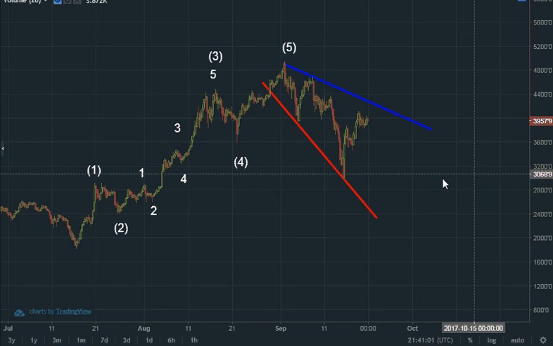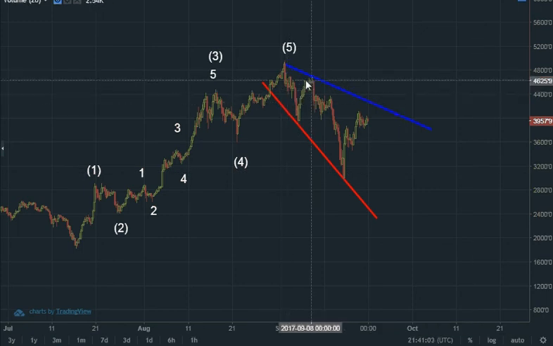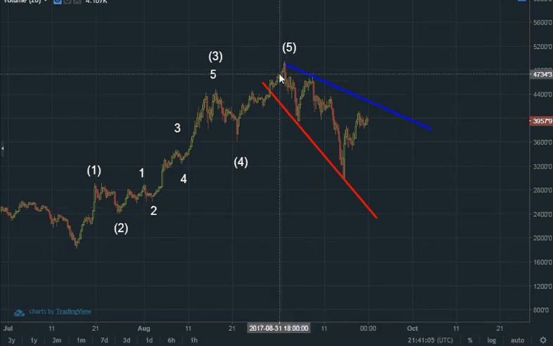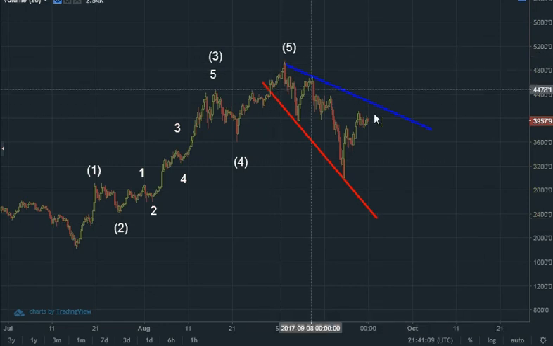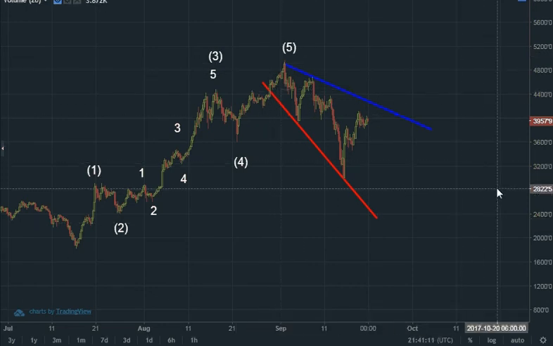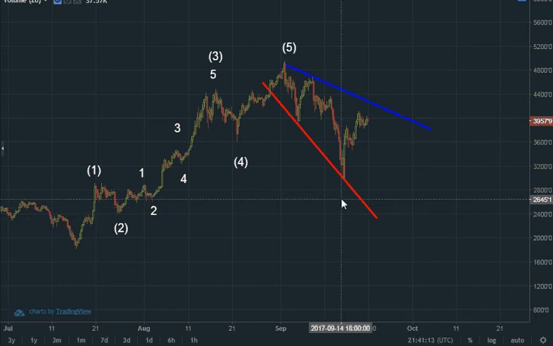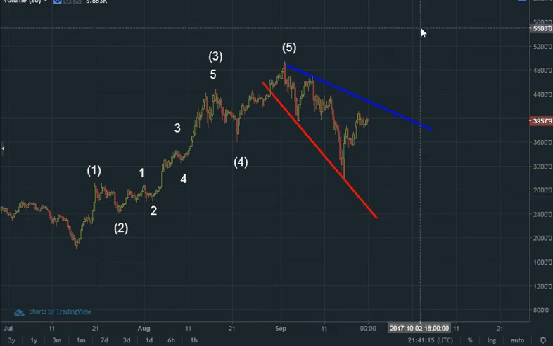What did I say about flags and triangles that point downwards? Same case as here. Broadening megaphone pattern that points downwards is bearish. If this was pointing upwards, it could be bullish.